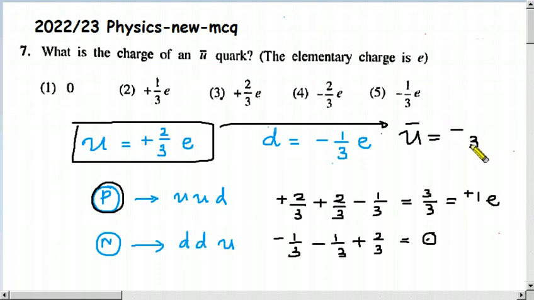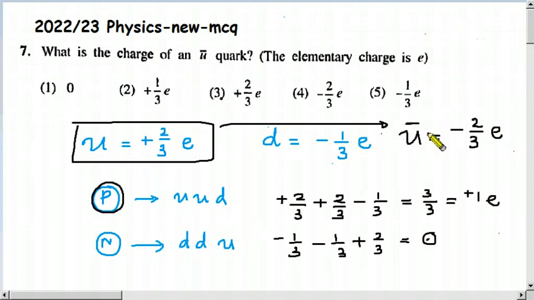The magnitude doesn't change because it is still an up quark. Therefore the magnitude can't change, only the sign changes to negative since it is anti, with the bar here. So the magnitude is still there, times E. So this is the answer.